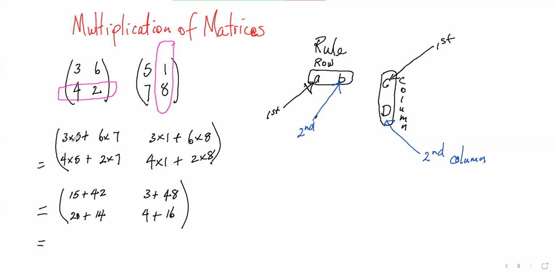Now, what you can do is skip this line. So instead of writing it out, you could put your 15 plus 42, which is 57. 20 plus 14, 34. 3 plus 48.